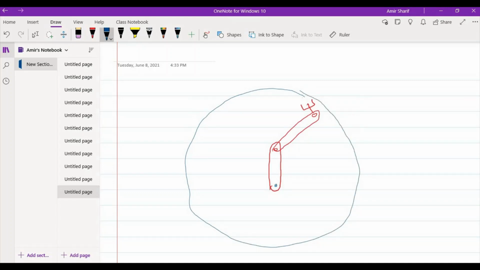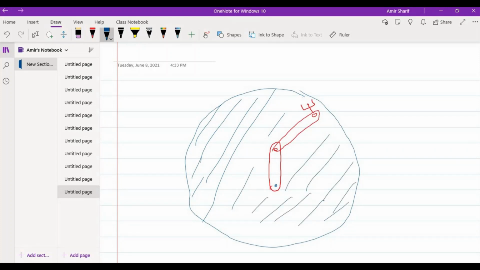So this will be its workspace within all this region. It means that the end effector of this robot can reach all this circular area.